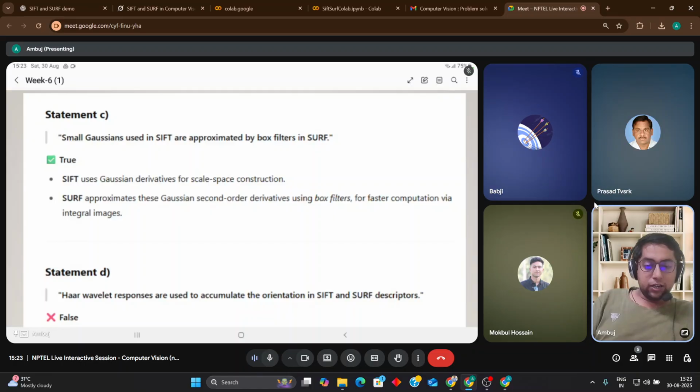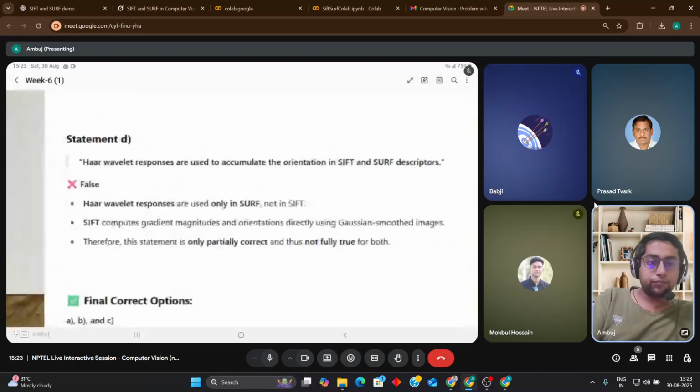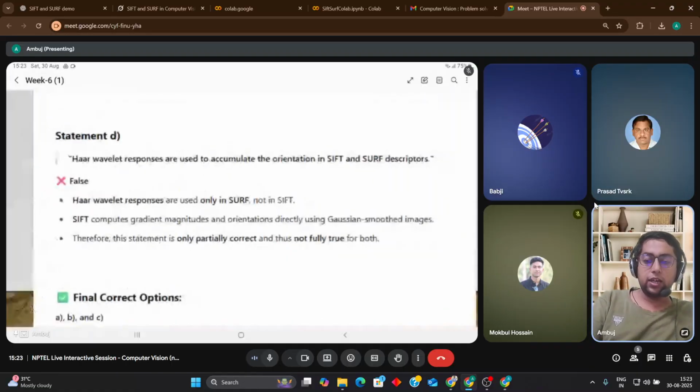Here you see that we are using a box filter for the fastest convergence. That is the aspect of this statement. Then see statement D: Haar wavelet responses are used to accumulate the orientation in SIFT and SURF descriptors. This statement is false. Why?